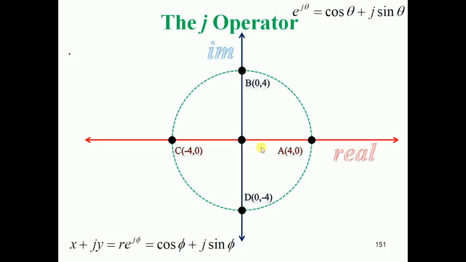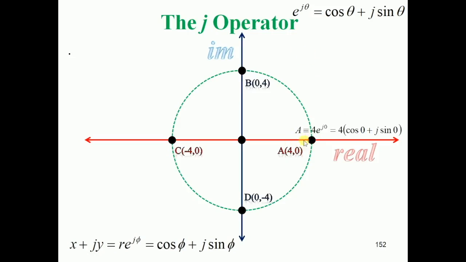Now, in terms of Euler's identity, e to the power j theta is cos theta plus j times sin theta, and another identity, e to the power minus j theta is equal to cos theta minus j times sin theta. So here we have 4 points. Now we shall represent this in terms of Euler's identity.